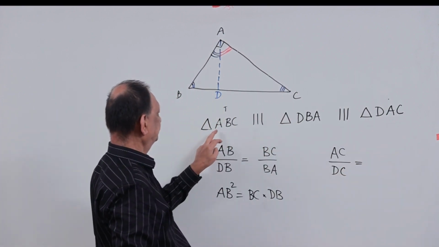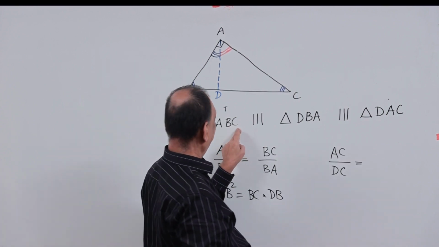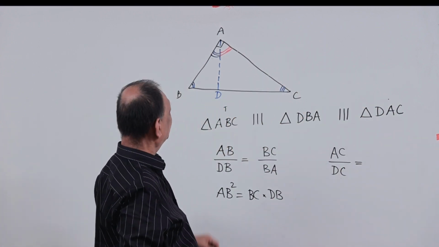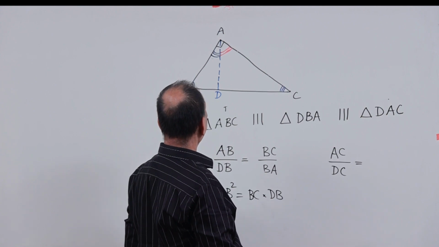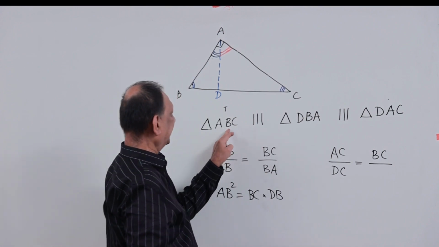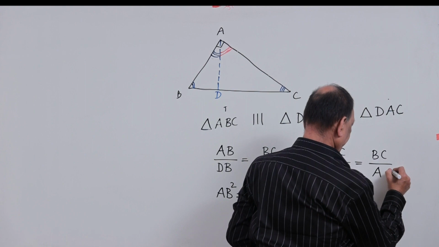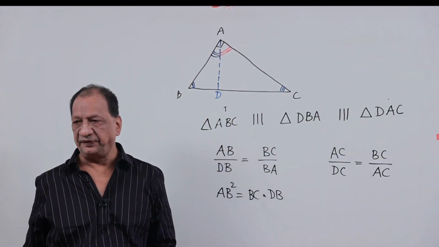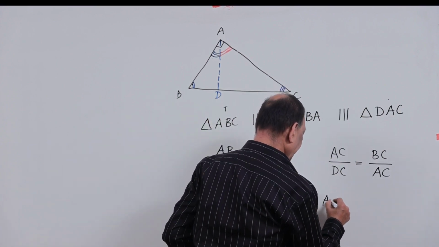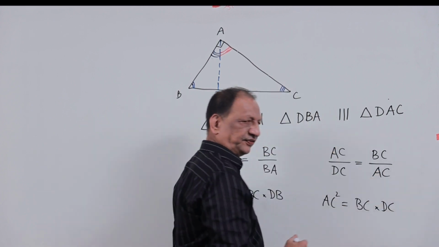First and last letters, right? AC by DC must be equal to BC. Second and last letter must be equal to AC. Right? Cross multiply. Therefore, AC square equals BC multiplied by DC.